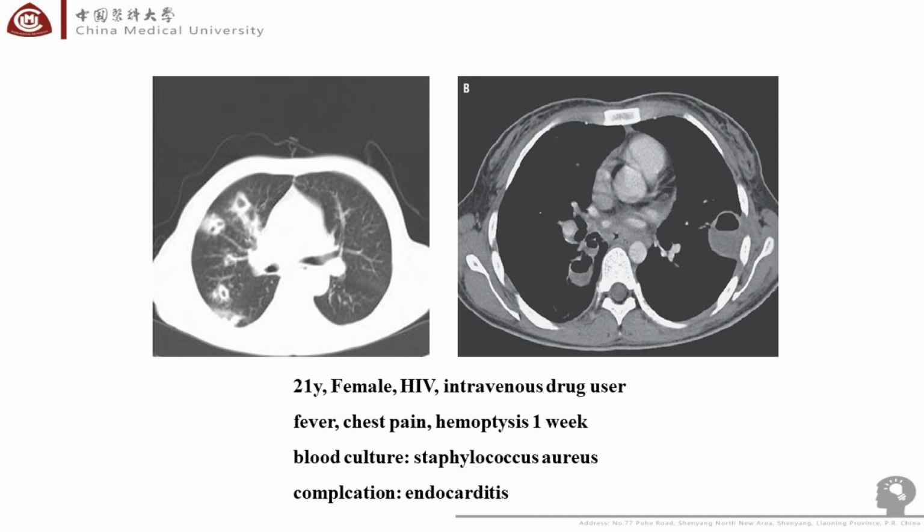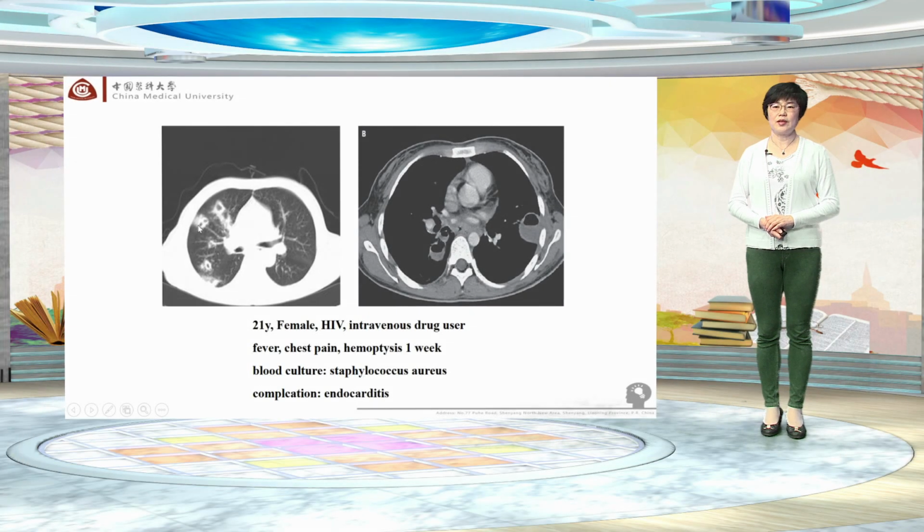In the CT scan, we could see more clearly. This is a patient, female, 21 years old, HIV patient. Here, we could see many small cavities with air fluid plane. Here too.